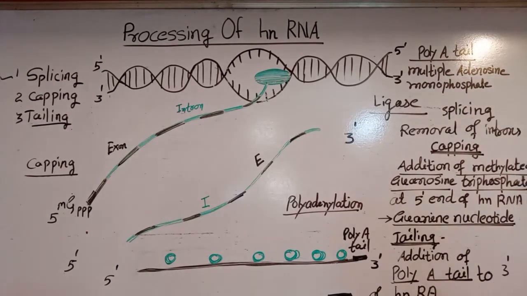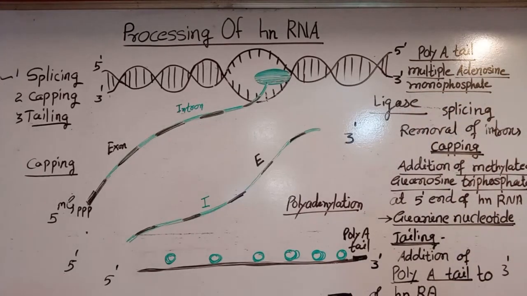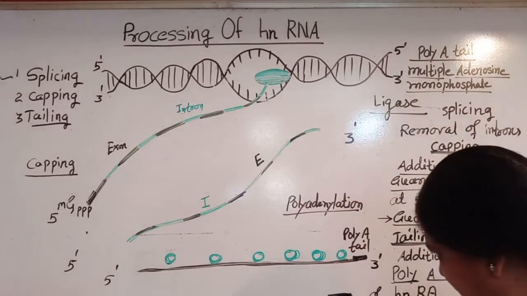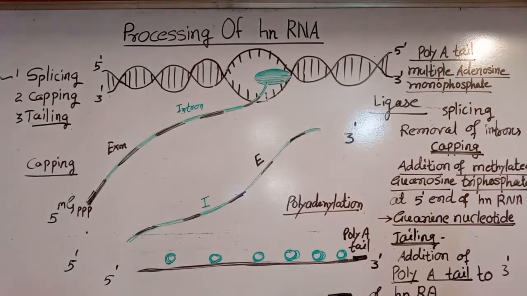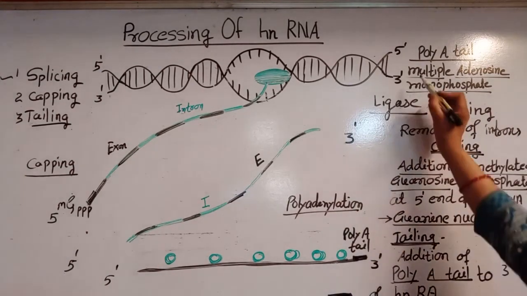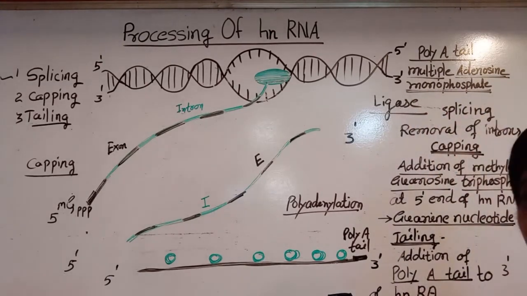So the 3 end of hnRNA has many adenosine monophosphates, and this is called poly-A tail.